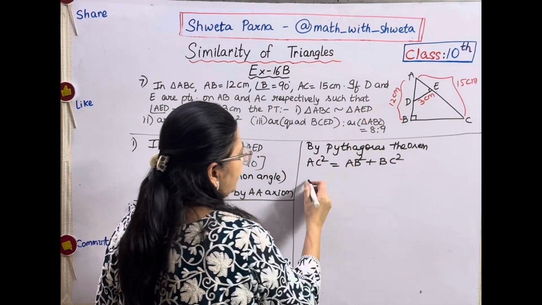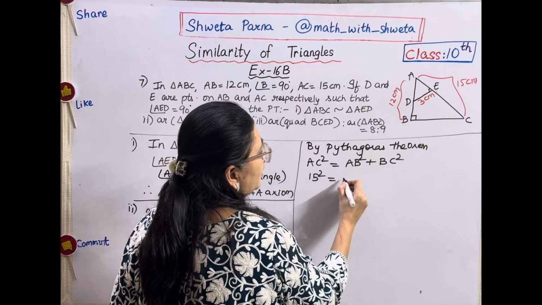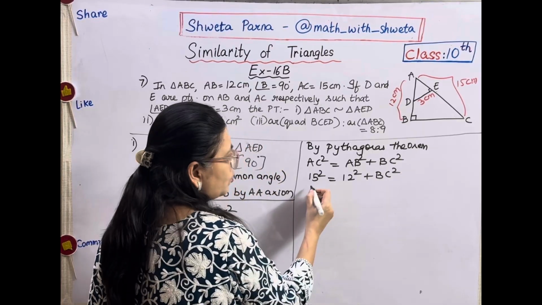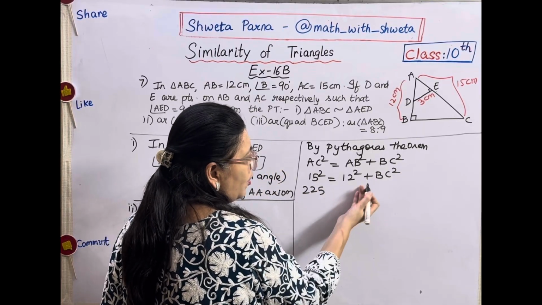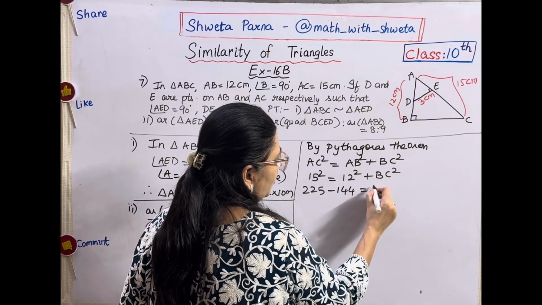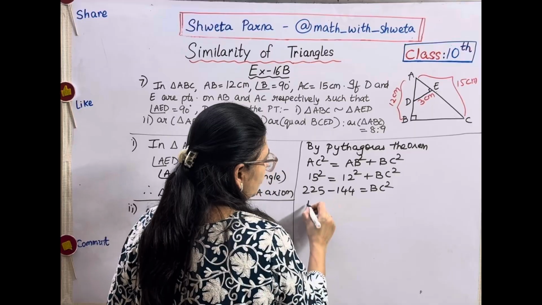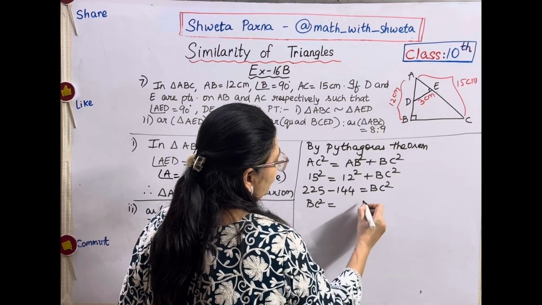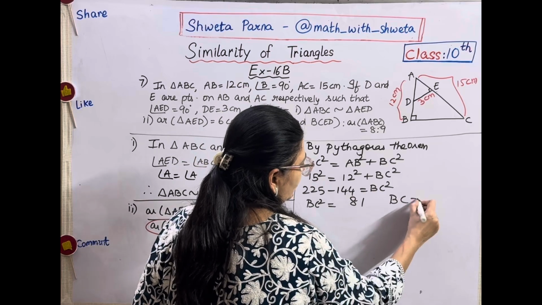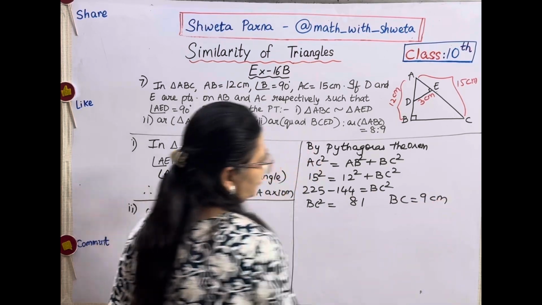Correct? AC is 15, 15 square is equal to 12 square plus BC square. 15 square is 225. 12 square is 144. It comes to this side is equal to BC square. So BC square is equal to 81. So BC is equal to 9 centimeter.